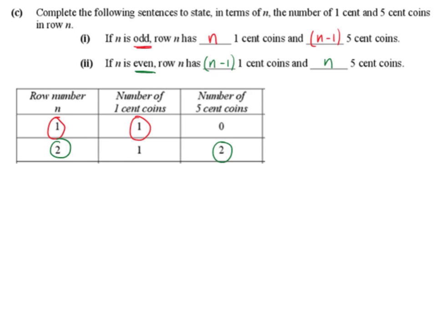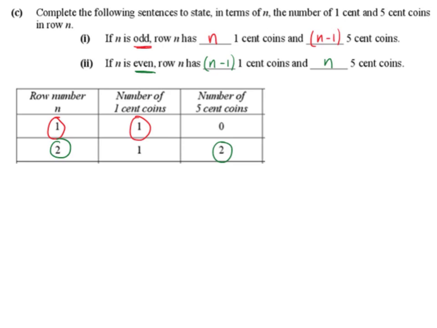So in row 1 we had one 1-cent coin. In row 3 we had 3 1-cent coins. In row 5 we had 5 1-cent coins, and so on. So we just put n in the blank here. We've n 1-cent coins. And then we have n minus 1 5-cent coins. So the number of 5-cent coins was 0, and 1 minus 1 is 0 5-cent coins.